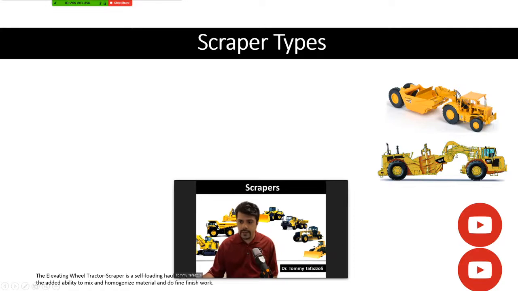For the second one, you can see there are two engines. One is the front engine that pulls the load, and the one in the rear can push the load. So its power will obviously be more than a single engine scraper.